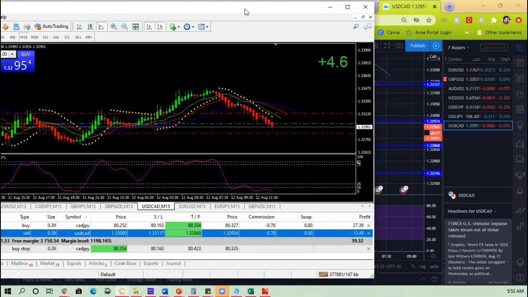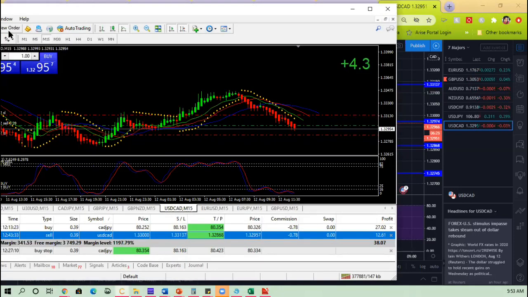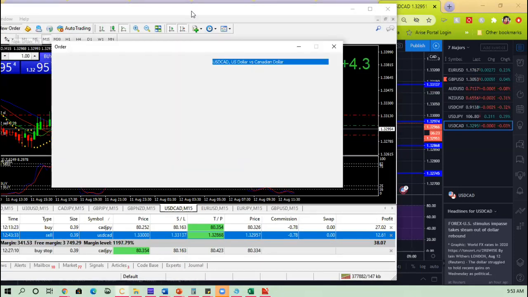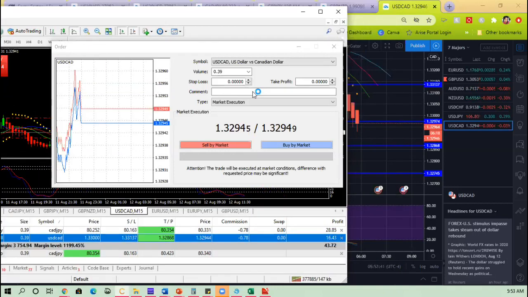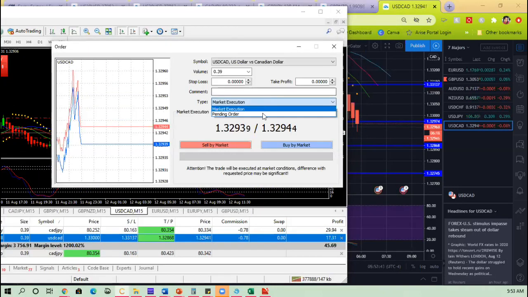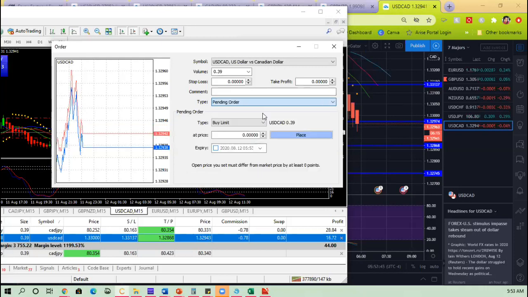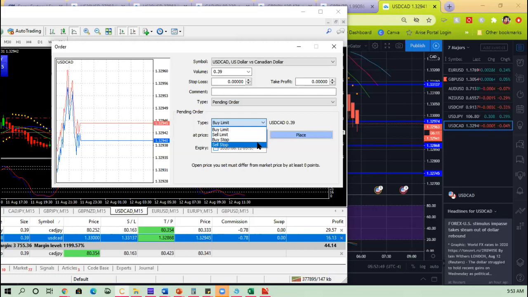Okay, this is our take profit 1. This next blue line is going to be our take profit 2. Okay. So I'm going to select new order. I'm going to move it over so you can see. We're going to do a pending order. It's not going to be a market execution. This is a pending order. This one is a sell stop. We're going to say it's going to go to a certain point and keep going.